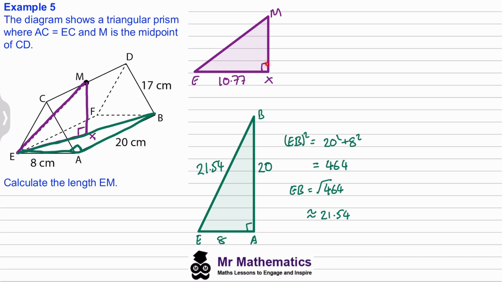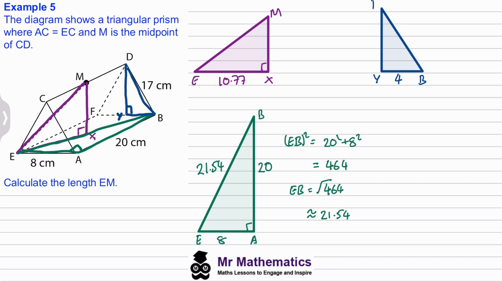And then for N to X, this is this length, but this is the same as this right angled triangle. I'll label this point Y. We know Y to B will be half of A to E. So this will be 4 centimeters.